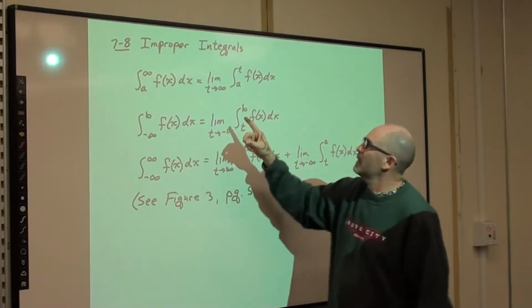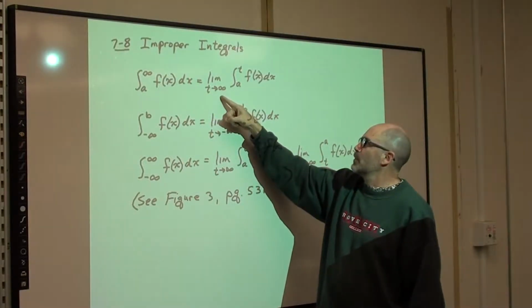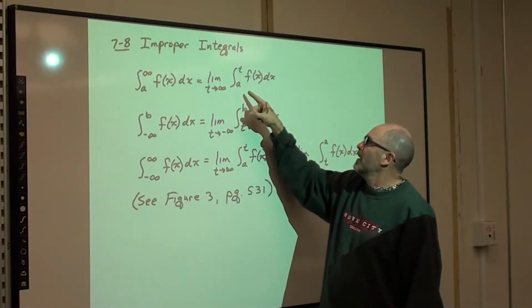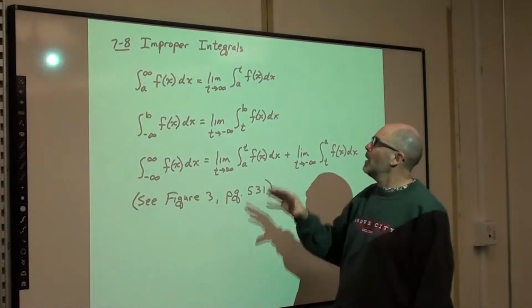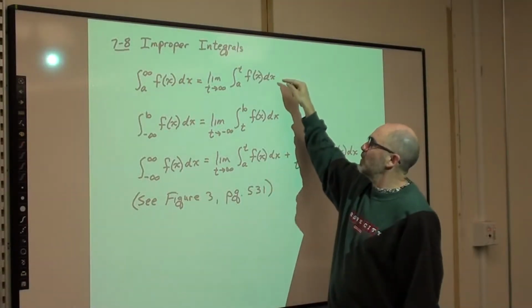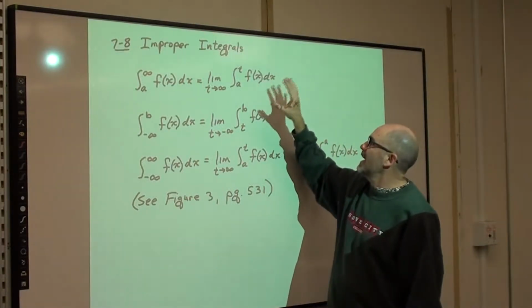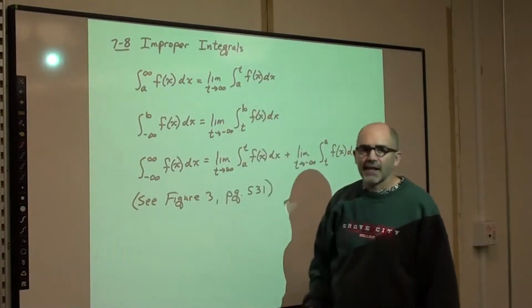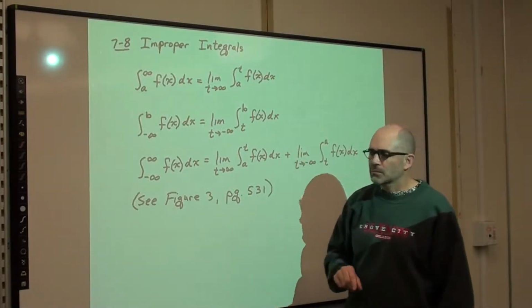So what we do is we say, technically what this is, is the limit as t approaches infinity of the integral from a to t of f of x dx. So basically what you do is you evaluate the integral from a to t, and then you apply the limit, and then you can get the value of that integral.